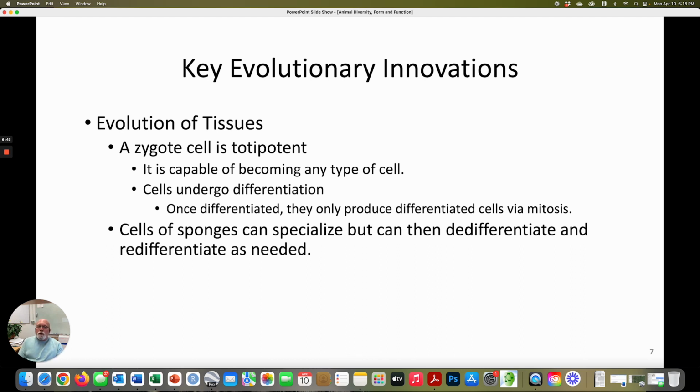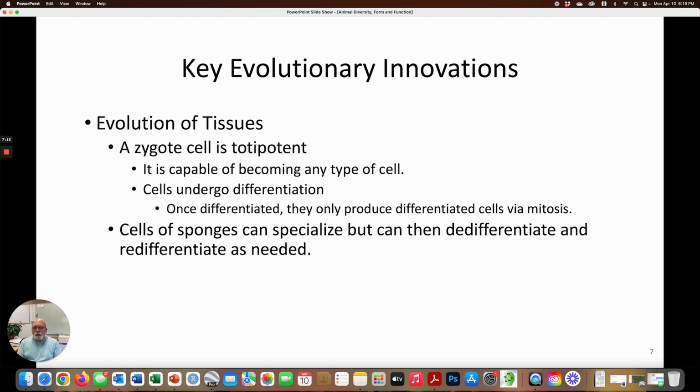And so this is a situation which is referred to as totipotency, or those cells are referred to as being totipotent. And what that means is they can just become any type of cell. But as an embryo develops, an animal embryo develops, the cells eventually undergo differentiation in that those cells that could become any type of cell, they differentiate into the specific type of cell that they will ultimately become.